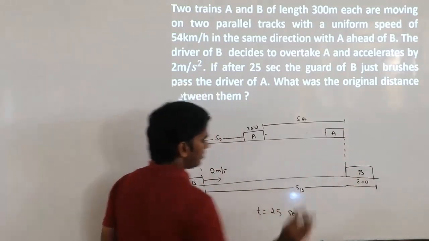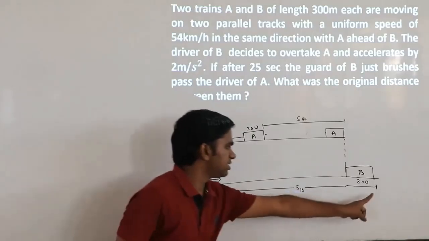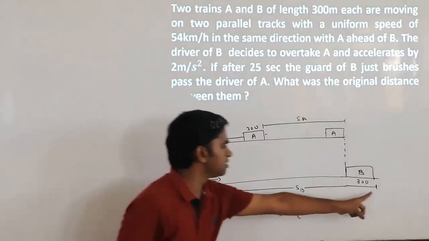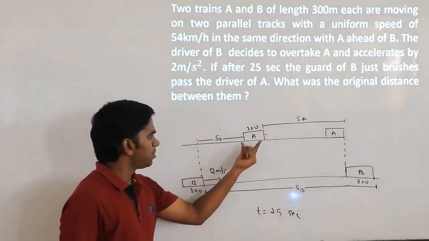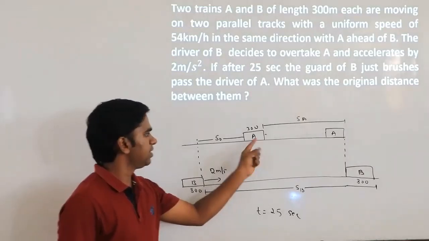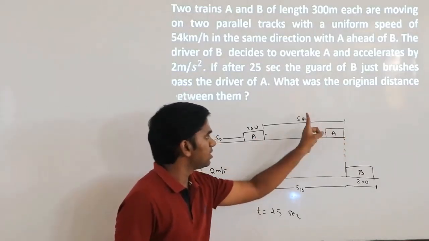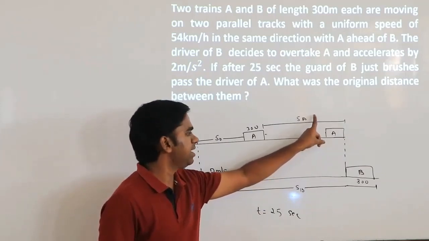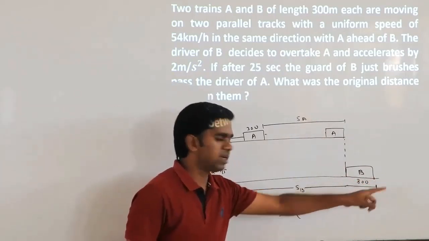I hope you are getting it. This total SB is, from here to here, S naught plus length of this train, then from here to here SA, the distance travelled by A, then from here to here again 300 meters.